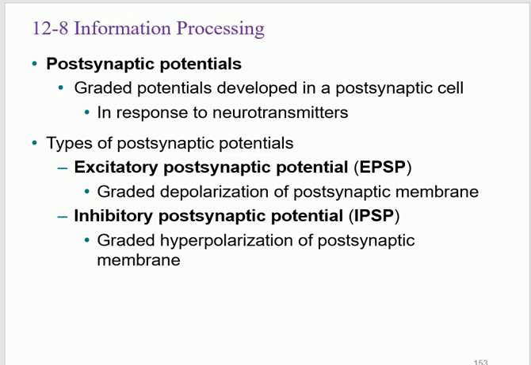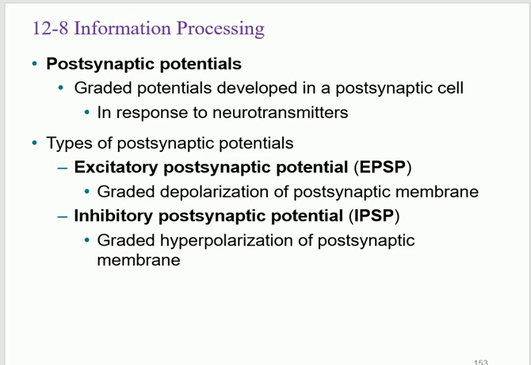So there will be excitatory postsynaptic potential and inhibitory postsynaptic potential. The potential that's created in the postsynapse can be excitatory or inhibitory. Excitatory, you open the gates for sodium. Inhibitory, you open the gates for potassium. Clear?